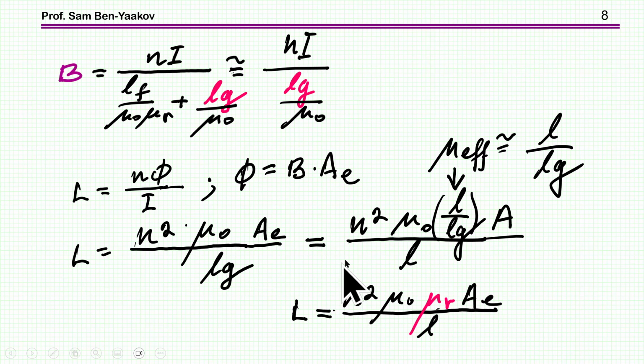Now the question is, what is the permeability in this case? Okay, so starting with this expression that I've developed earlier, plugging it into the definition of inductance, I'm getting this equation, which first of all shows that the larger the gap, the smaller the inductance, meaning that the permeability is apparently going down.